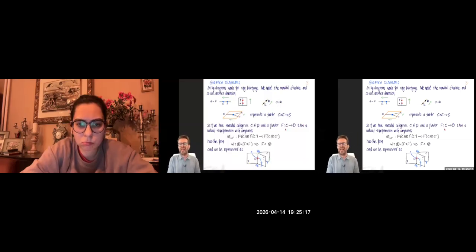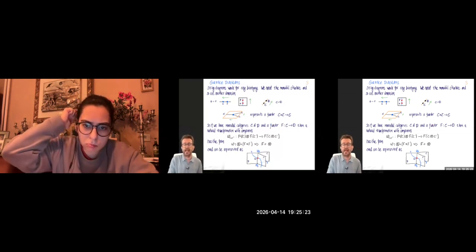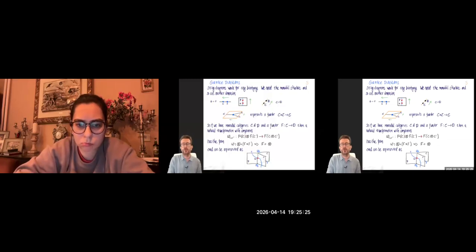So for instance, if F is a lax monoidal functor, we're going to have a natural transformation with components of the following form. For every c and c' in C, we've got something from Fc tensor Fc' into F of c tensor c'.